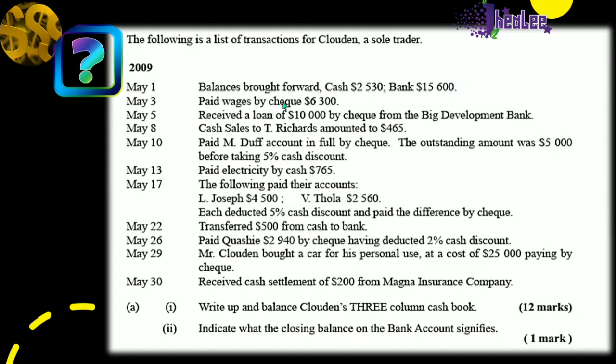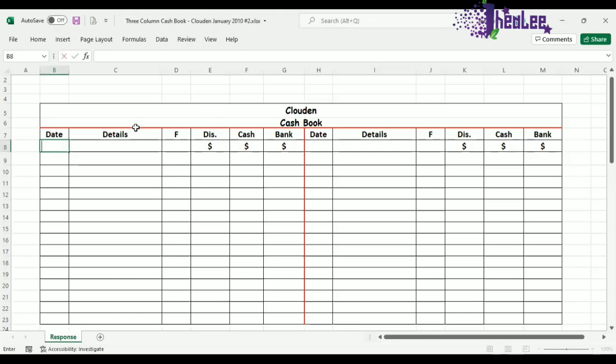So let's put in that. Our date is 2009. That's May 1st. Our details, balance brought down. The value in cash is 2,530 and bank is 15,600.